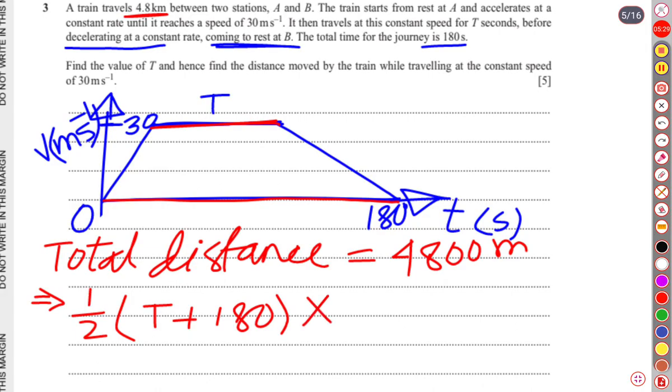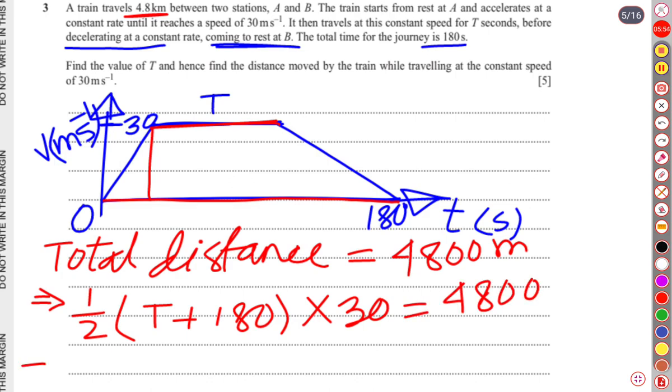How much is the height? This is the height between the parallel lines. The height is 30, meaning the maximum velocity was 30 meter per second, equal to 4800.